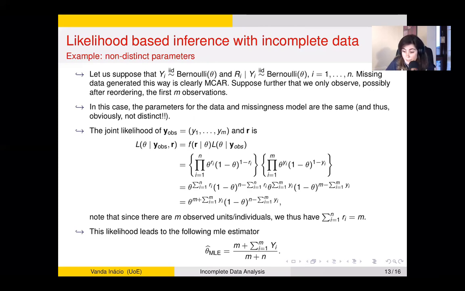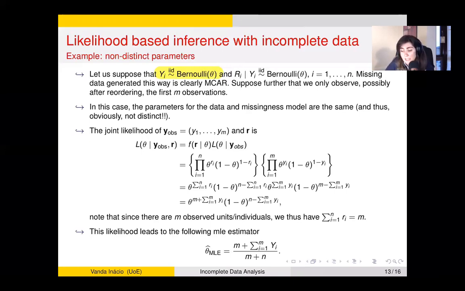And I have considered here a situation where, again, I only have a random variable. I have random variables y1 up to yn, and they follow a Bernoulli distribution with parameter theta. And then my missing data indicator, Ri, will be 1 if yi is observed, and will be 0 if yi is missing, so they are vectors.